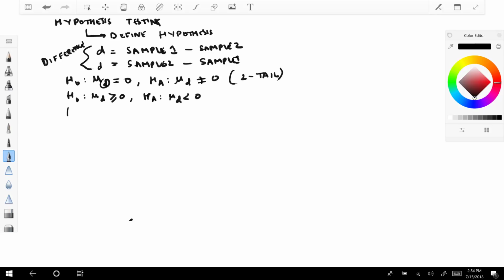The third case would be H null, mu d less than or equal to 0, and then the alternative would be mu d greater than 0. So these two are one-tailed tests because we can test only on one side.